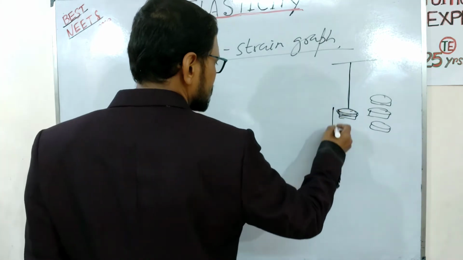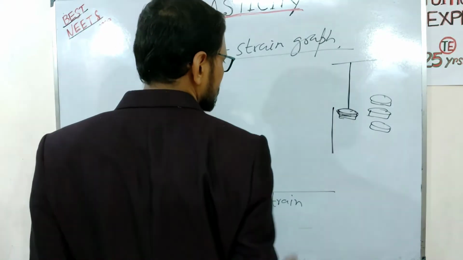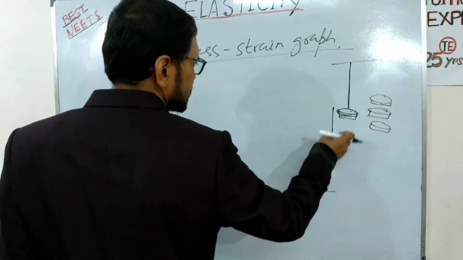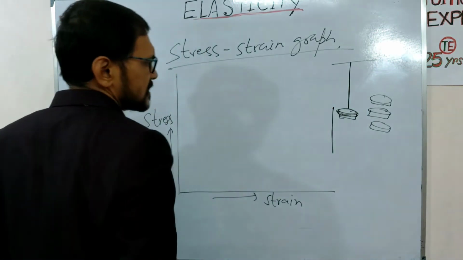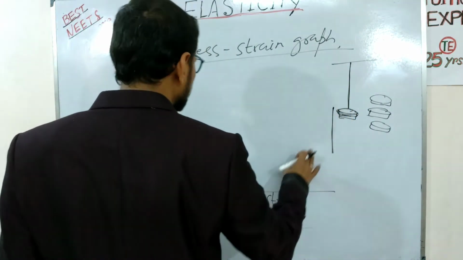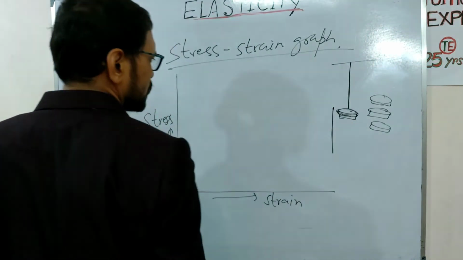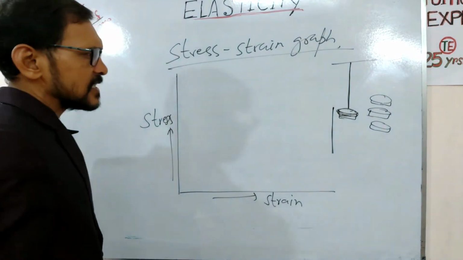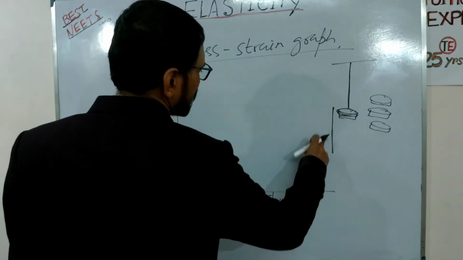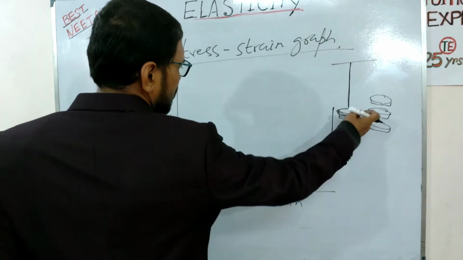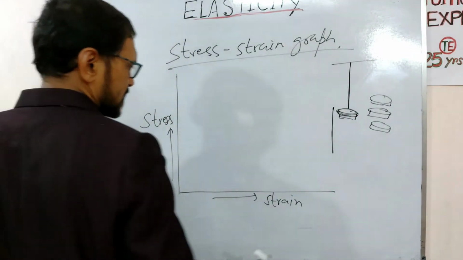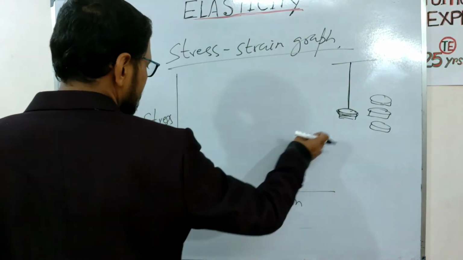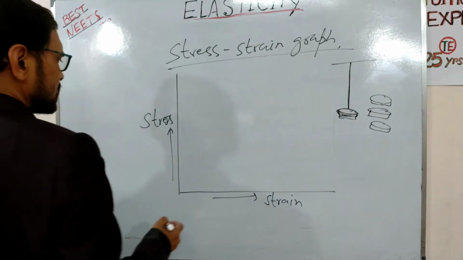Weight means stress, and for different values of stress we get different strain. Strain means increase of length by original length. So if we record the increase of length, we get the strain, and from the weight we get the stress. So for different stress, different strain, we can draw the stress strain graph.